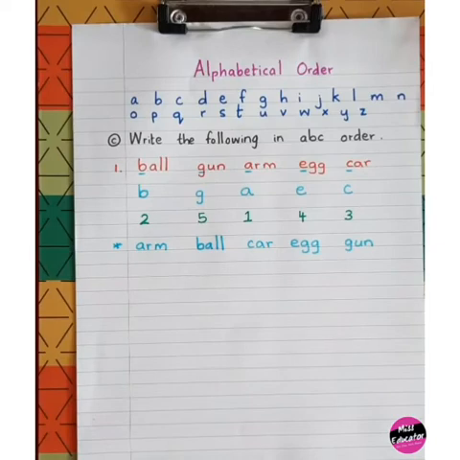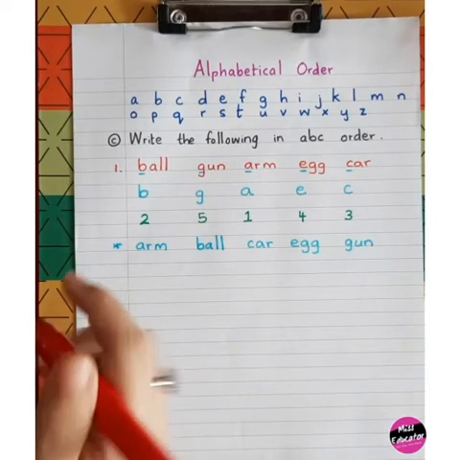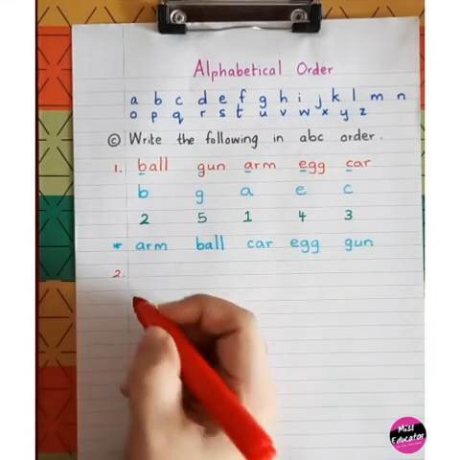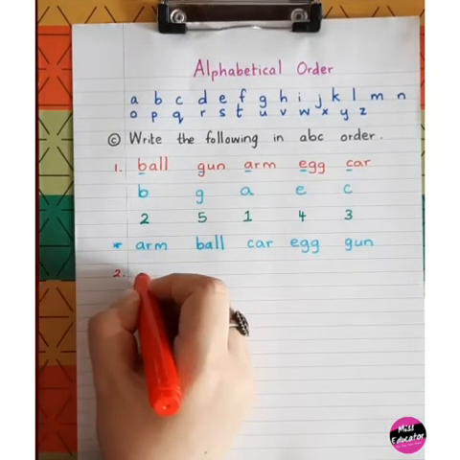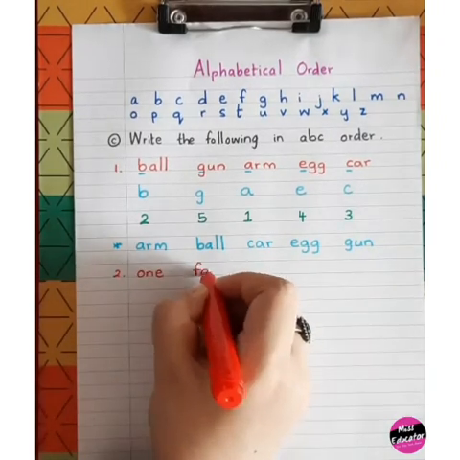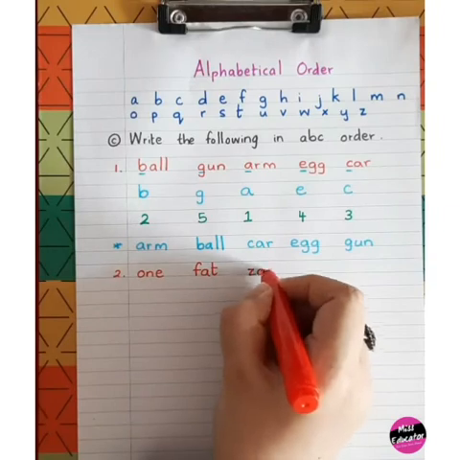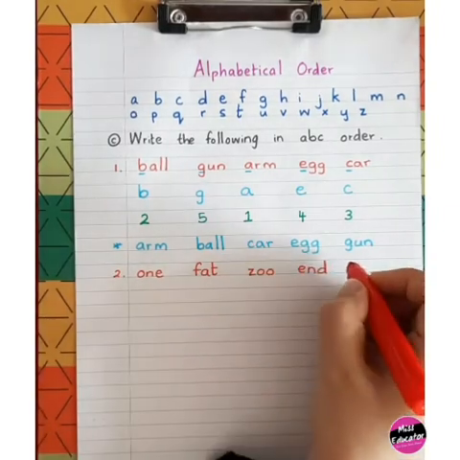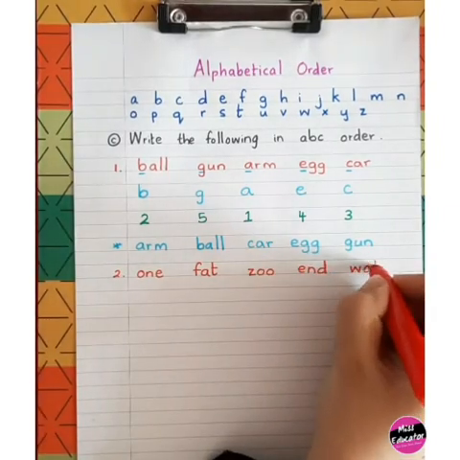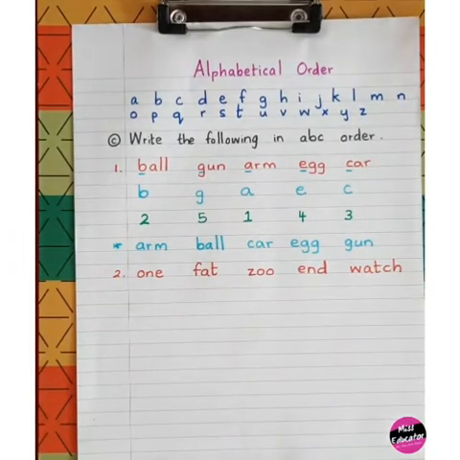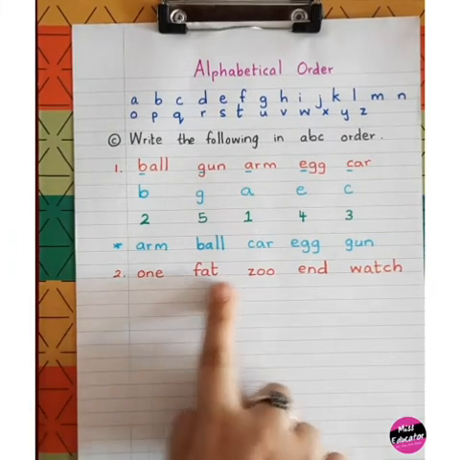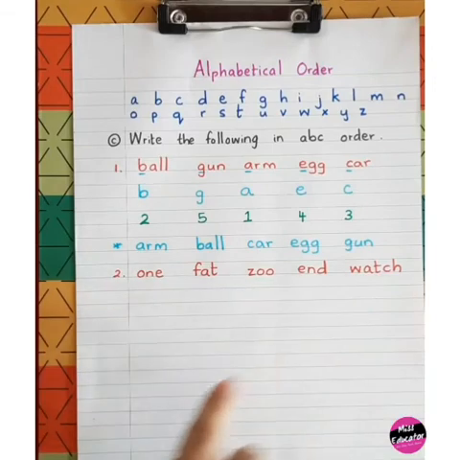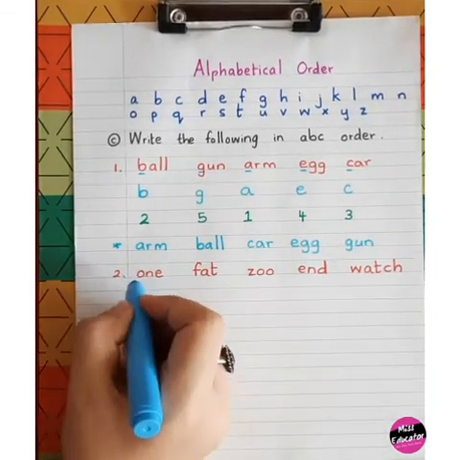Now let us look at another question like this. So we have the words fat, zoo, end and watch. We have a few words over here. We need to arrange them in alphabetical order. Remember the steps.